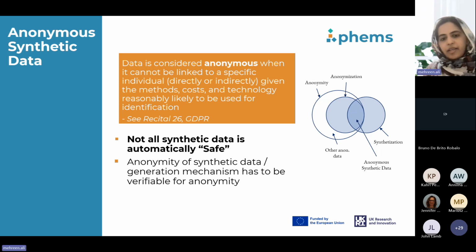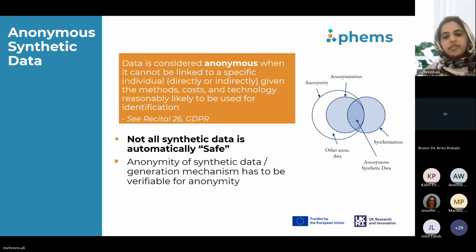If you follow this definition, we can clearly say that not all synthetic data is automatically safe. The anonymity of synthetic data should be verifiable and tested before calling it anonymous data. True anonymization requires that the data should not be linked to any individual either directly or indirectly.